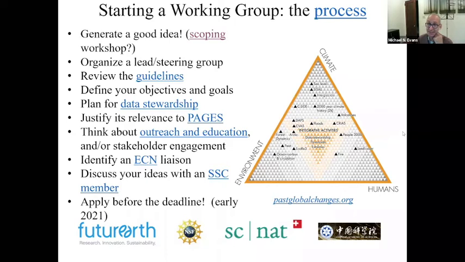So in 2018, 2019, when the US support for PAGES was ending and it wasn't clear whether we were going to have additional support, we were a little bit conservative and we decided that we would maybe not support as many workshops as we typically might.